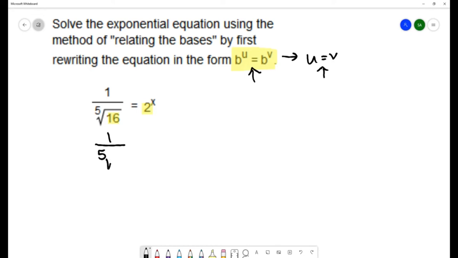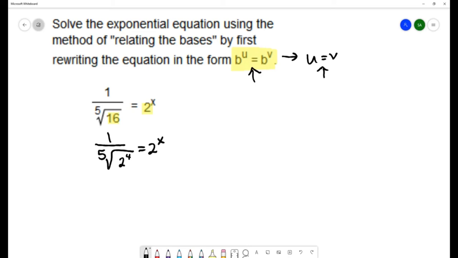So I start off thinking about 16: 2 to the second power is 4, 2 to the third power is 8, and 2 to the fourth power is 16. So I can write 16 as 2 to the fourth power.